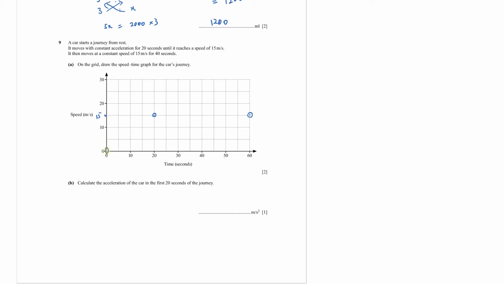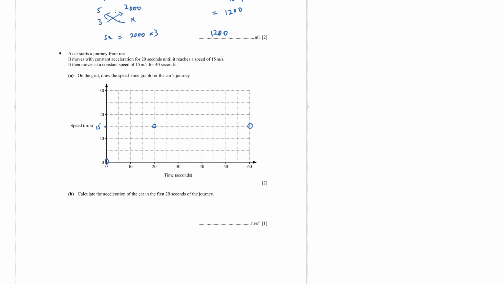So I can draw a straight line here. Let me make sure I get this right. Actually, try it from this side, maybe that will help. Nope. Okay, this is better.